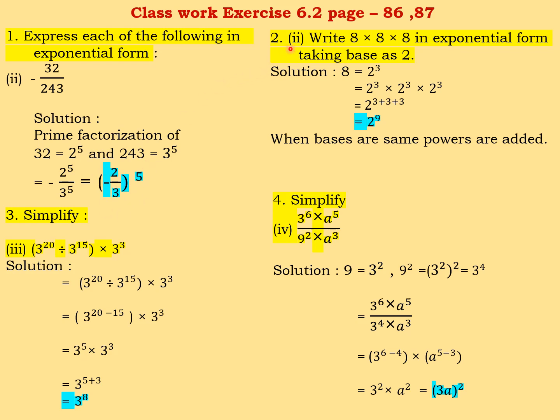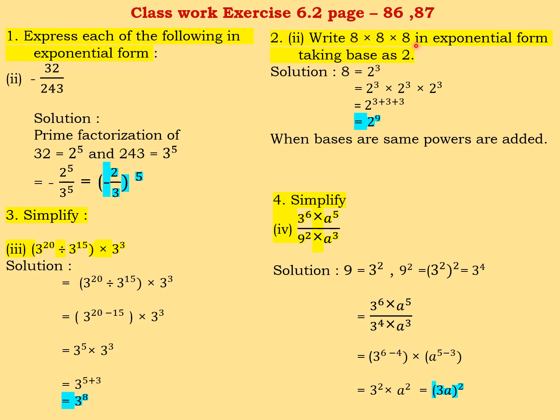Question number 2, second part. Write 8 into 8 into 8 in exponential form, which means you have to write in power form taking base as 2. So actually you will prime factorize 8 first. When you prime factorize 8, you will see 8 is equal to 2 to the power 3.